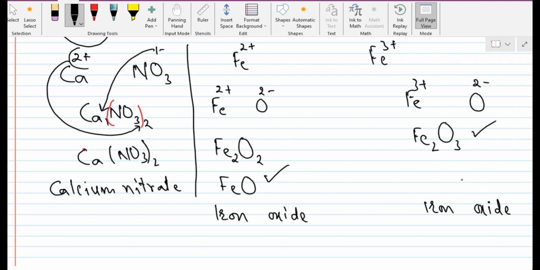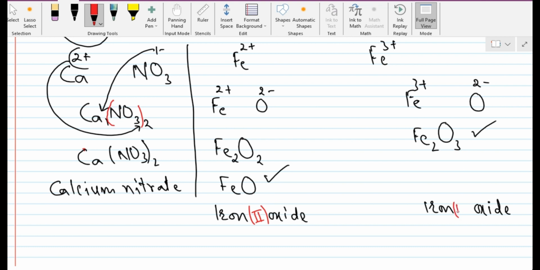To make it very clear what type of iron ion we used, we must include a Roman numeral to indicate the charge on the ion. For example, II in this case. So it confirms that the examiner requires this formula, not this one.